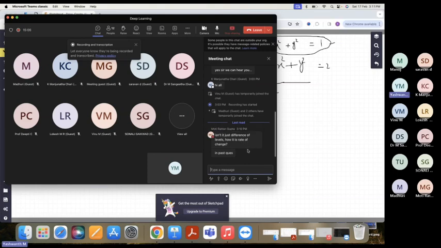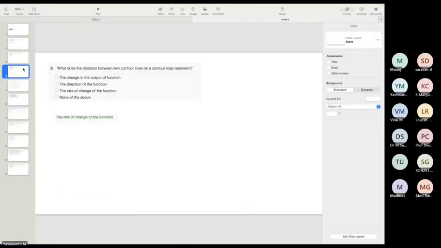Yes, it is just the difference of two levels. That is true. But between the two contour lines, you have the distance also. How should I put it?